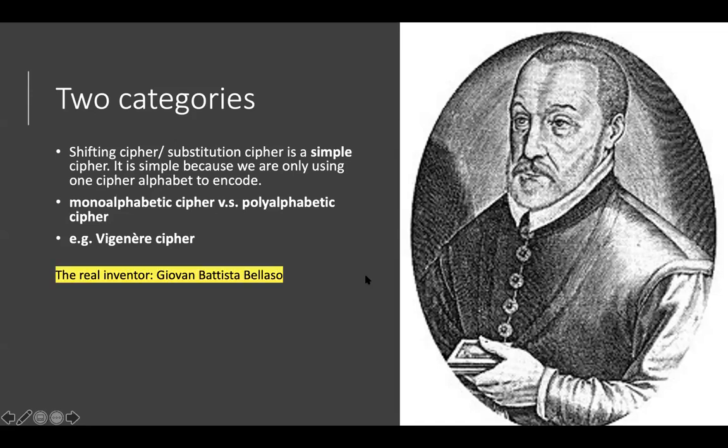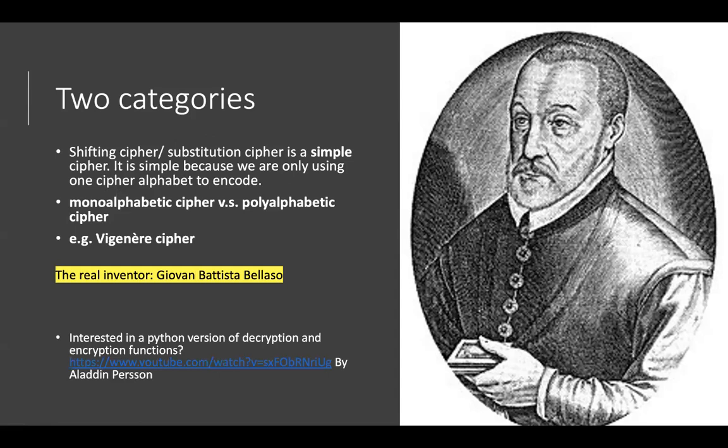It was invented by an Italian mathematician, and it is named after Vigenère because he actually analyzed the cipher in his book. We're going to know more about the Vigenère cipher. I'm going to talk about why it is polyalphabetic, and also why it is using 2 or more cipher alphabets to encode. If you're interested in a Python version of decryption and encryption, you could also find one on YouTube by Aladdin Person.